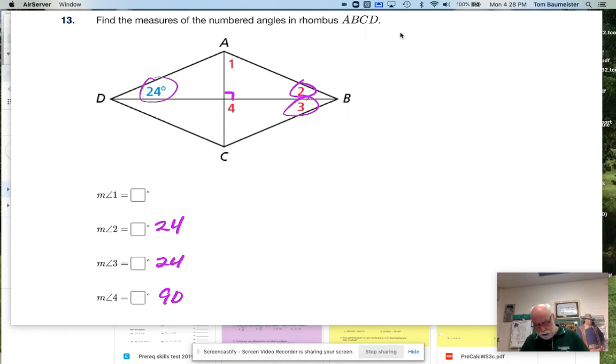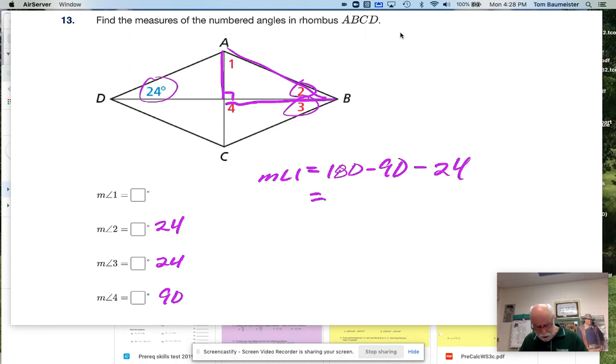So that would mean, again, if you think about it, here's a triangle here. So the measure of angle 1 is equal to 180 degrees minus the 90 degrees minus the 24 degrees.